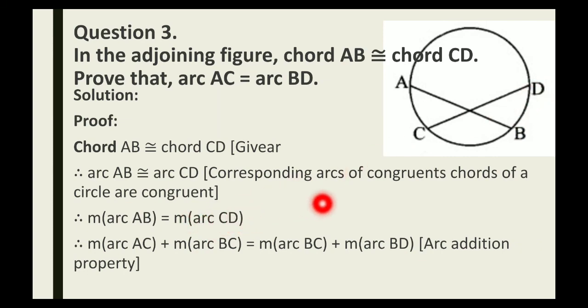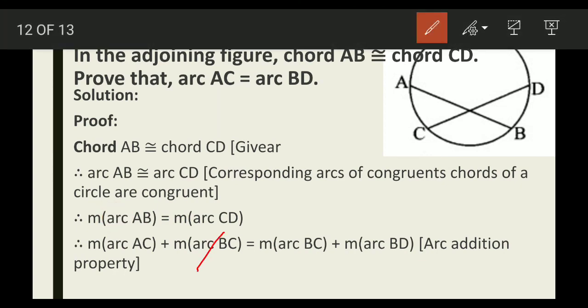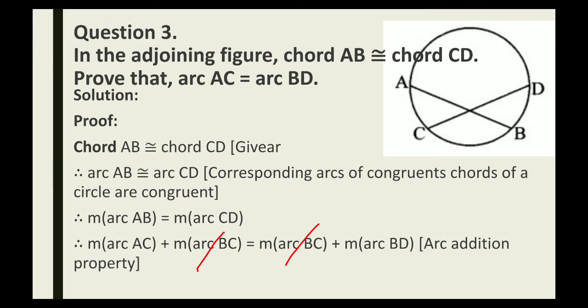Here also BC is there, here also BC is there, so both will be cancelled. Therefore measure of arc AC is congruent to measure of arc BD, hence proved.